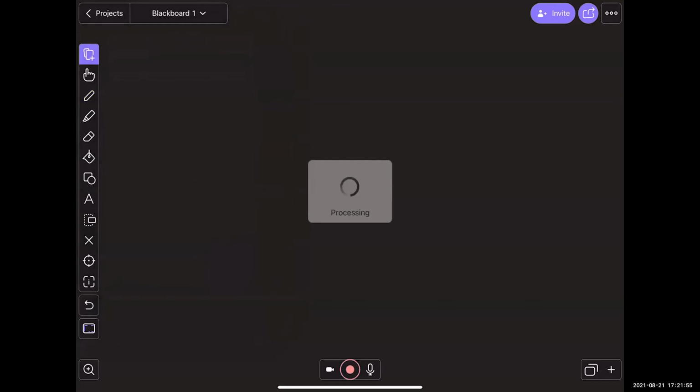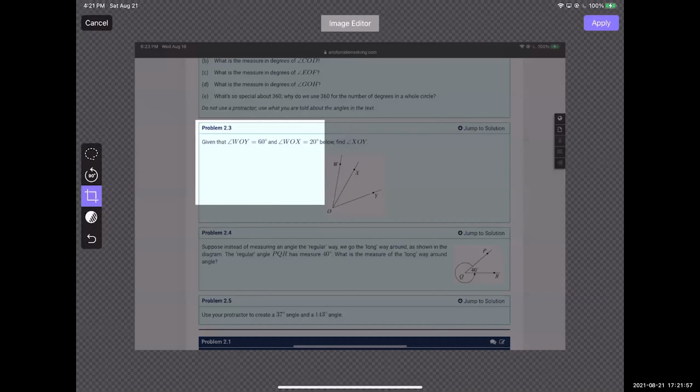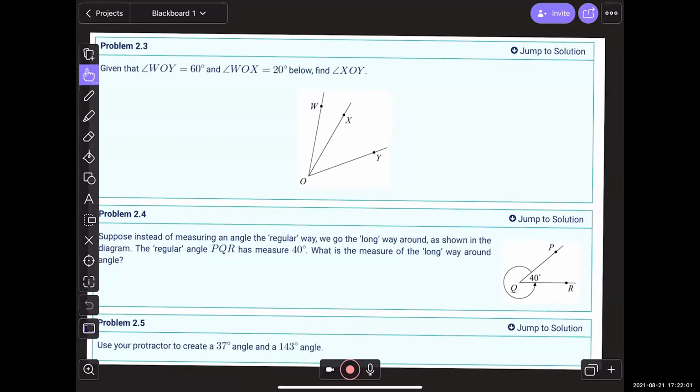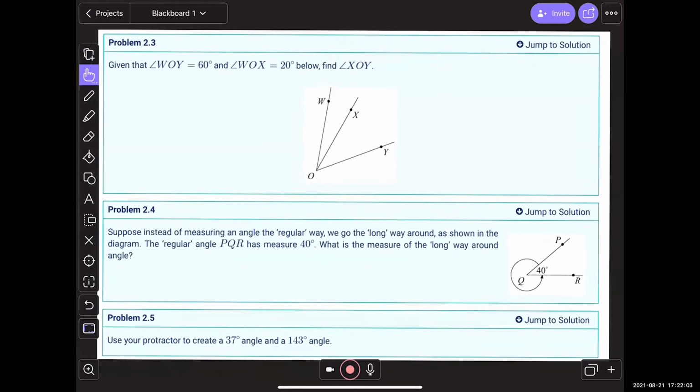So here we have a couple things, right? In this first question, if angle WOY is equal to 60 degrees and WOX is equal to 20, Carrie, what is angle XOY? What is the measurement of that angle?